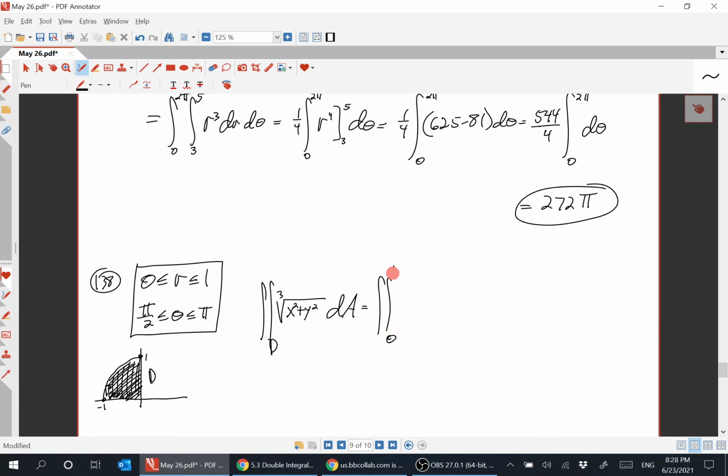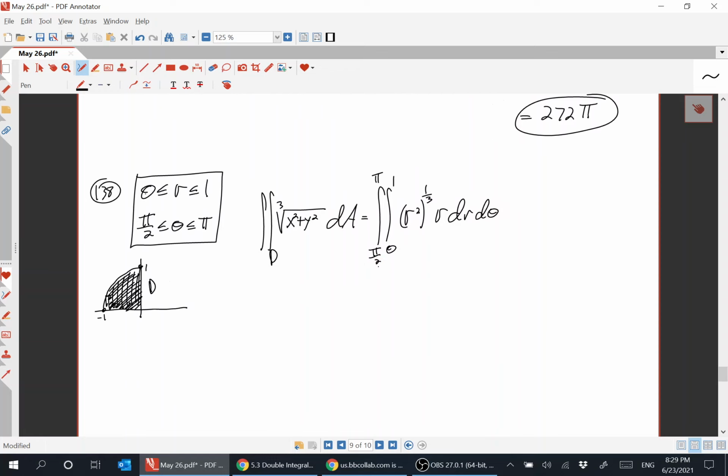So r goes from 0 to 1, and then theta from pi over 2 to pi. And then x squared plus y squared is again r squared, to the 1/3. And then the dA is r dr d theta. So that's the double integral of r to the 2/3 plus 1. So it's r to the 5/3, since 2/3 plus 3/3 is 5/3, dr d theta.